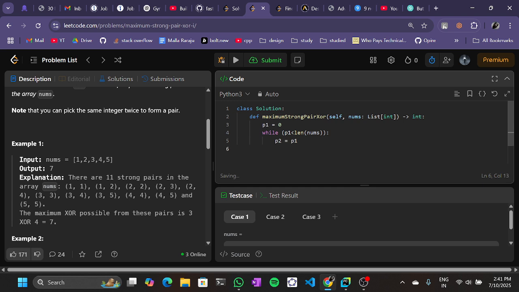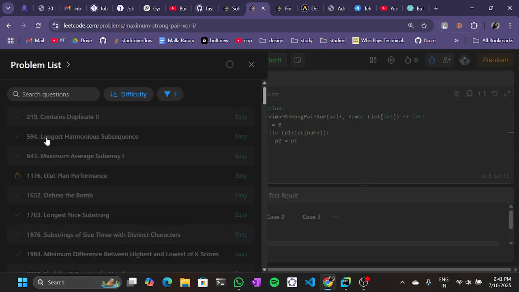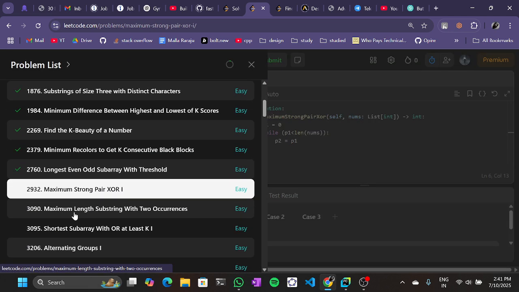We'll be trying the DFS-like problem pattern we have done before, the one we did before, that is longest even odd substring with threshold. We'll be trying the same approach with this.